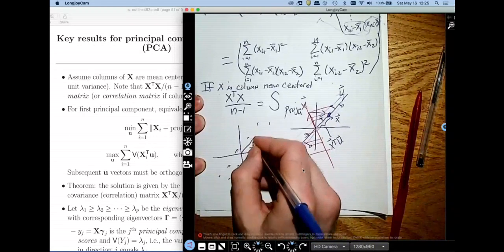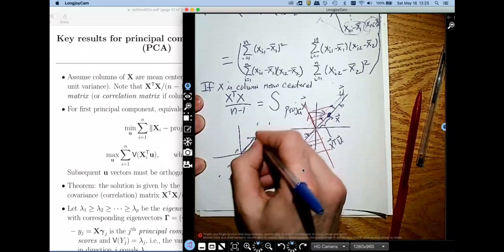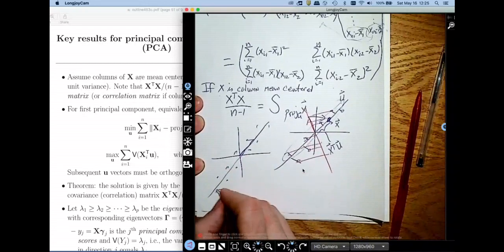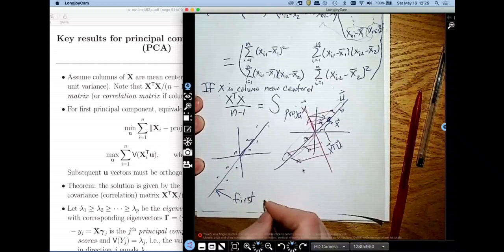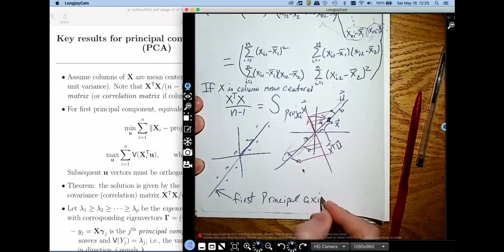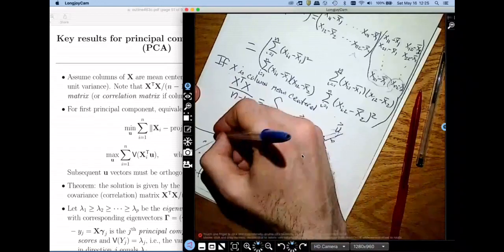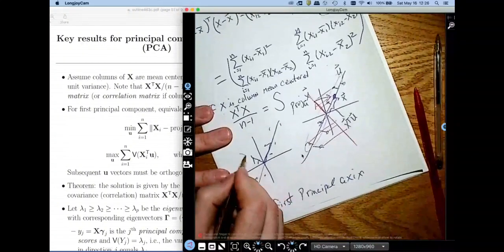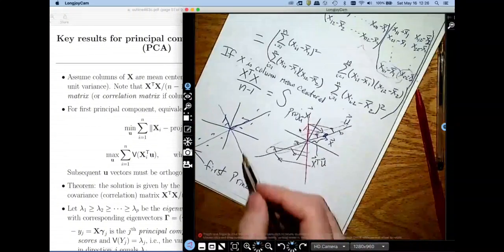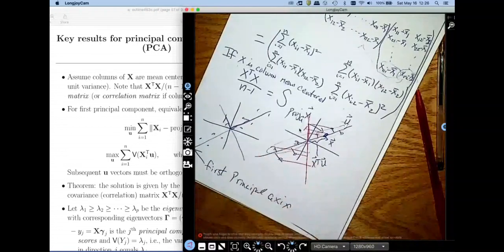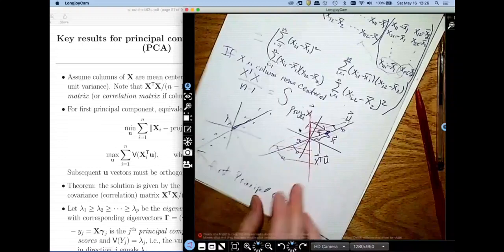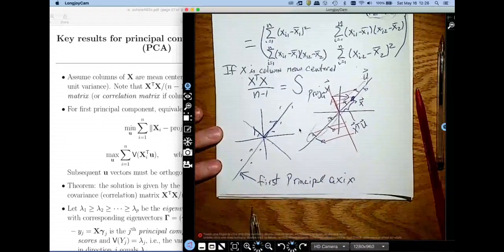If this is my first u, so that's my first principal axis, the second principal axis is going to be the one that is orthogonal to this. So this would be the second axis, and we could describe that with a vector that goes this direction or with a vector that goes this direction. Doesn't really matter. It's describing the same axis.